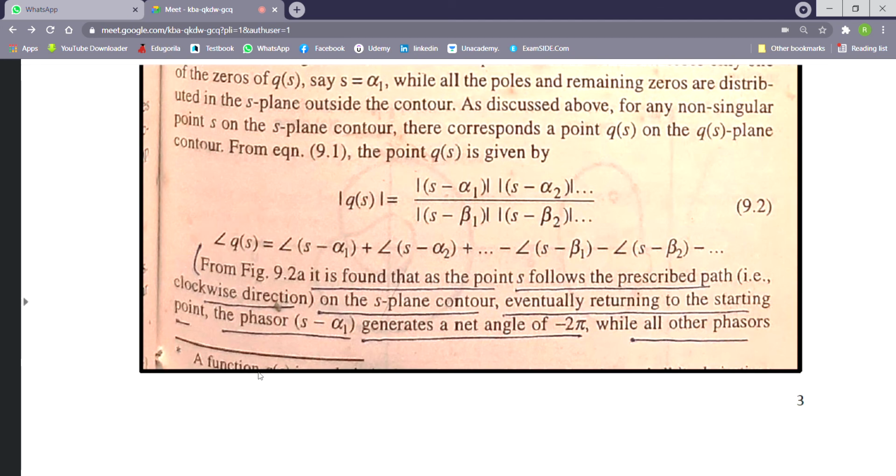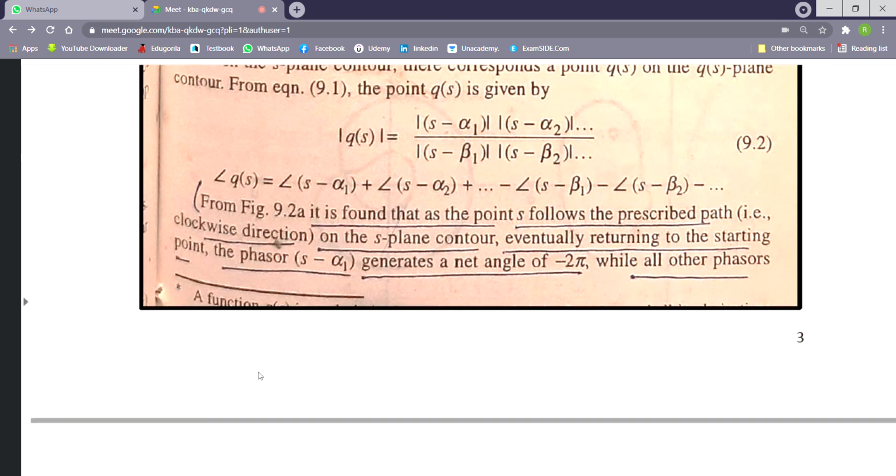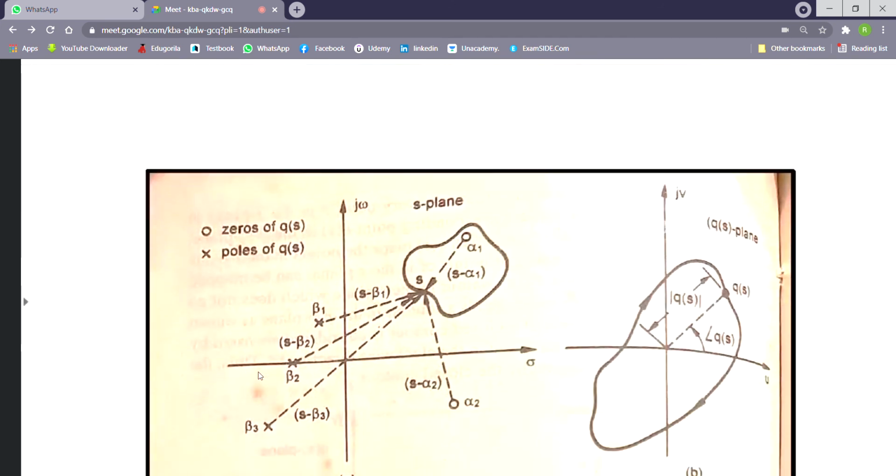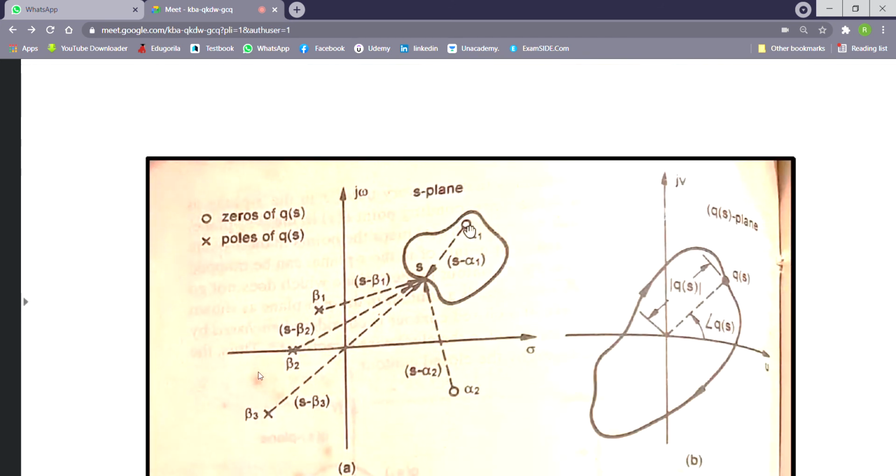Now let's see. As I said, we are not interested in the actual shape of the QS plane contour. That's why we are not considering this magnitude part. We are only interested in the change in phase angle of QS. So now follow carefully.